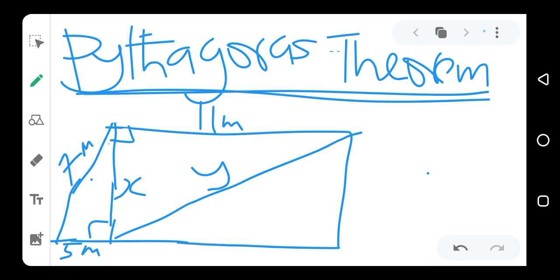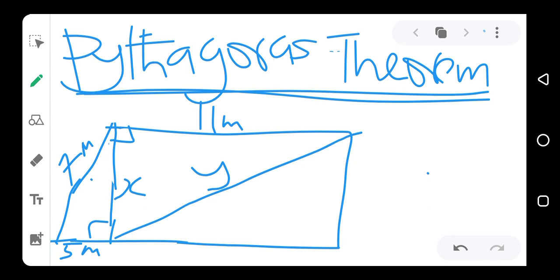Now, how do we do this? Our goal is to get the right angled triangles inside this shape. First of all, identify how many right angled triangles are given to us. Anyone that has the perpendicular sign or 90 degrees is a right angled triangle.